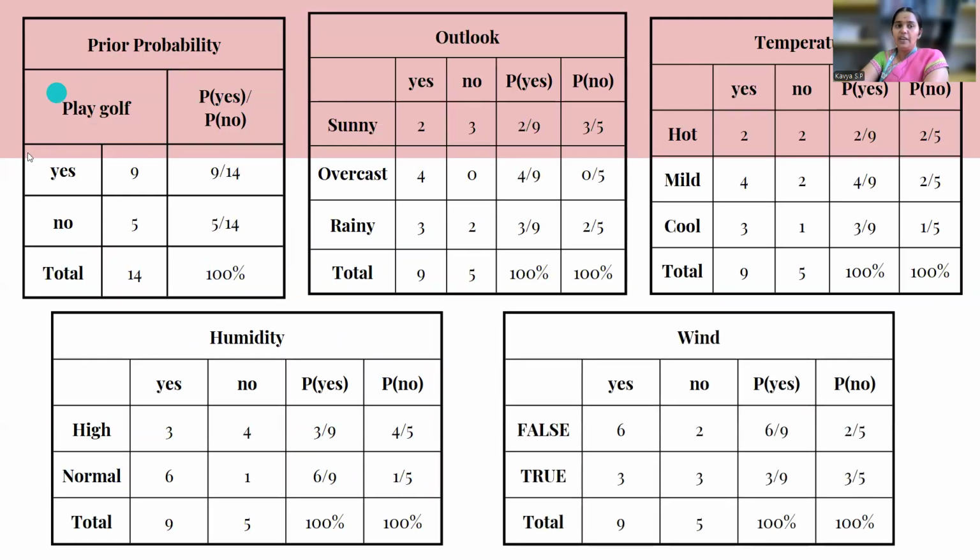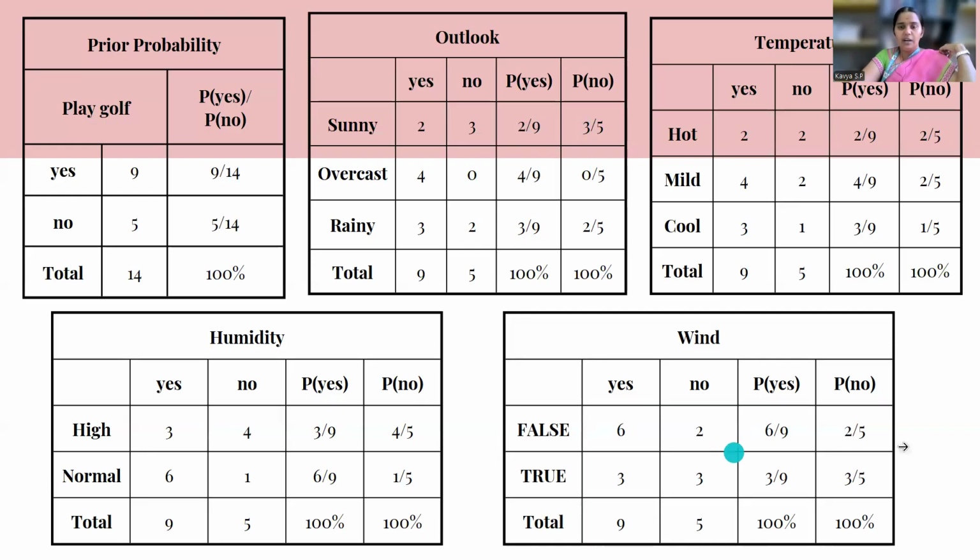So now taking one such condition, I have identified the prior probability for the observation made for around 14 days. Totally 9 days I have played golf, and for 5 days I haven't played golf. And the attribute values and their probability of playing golf or not playing golf, right?